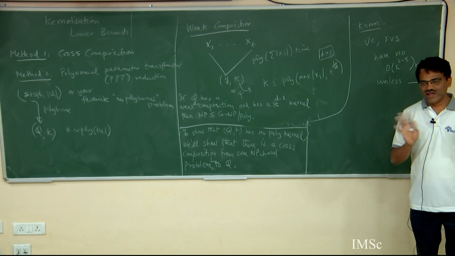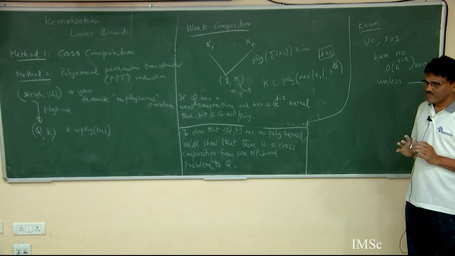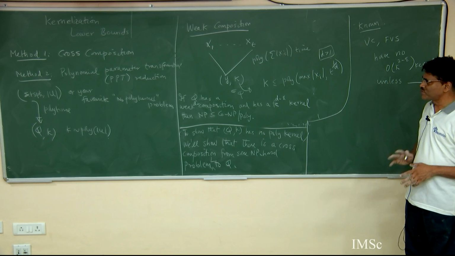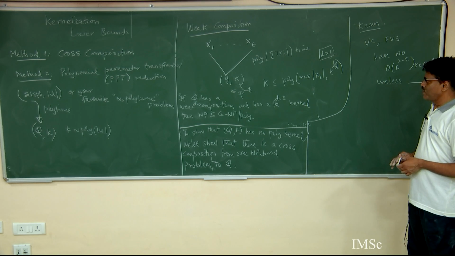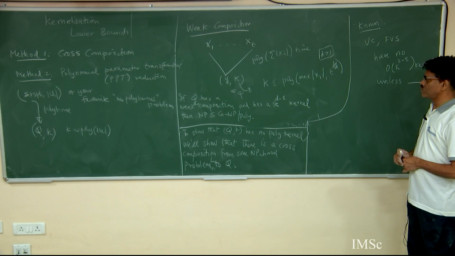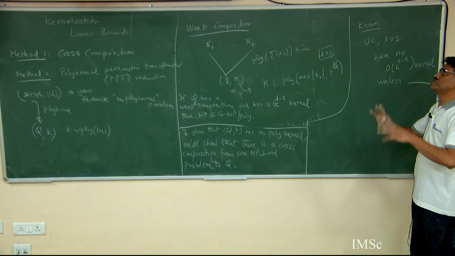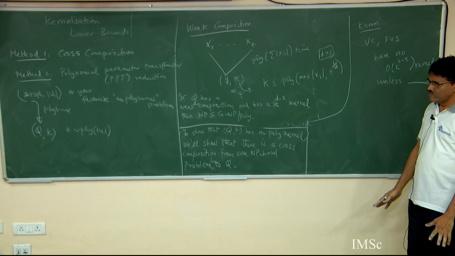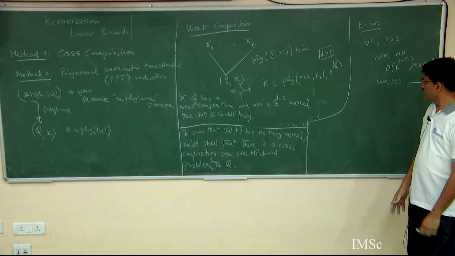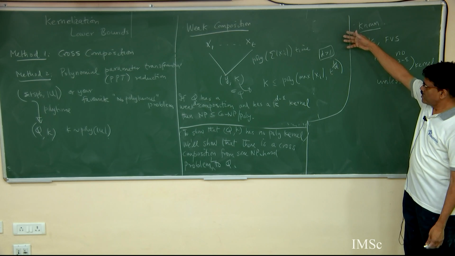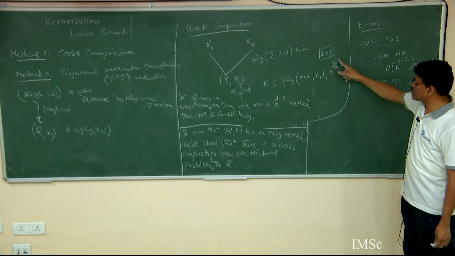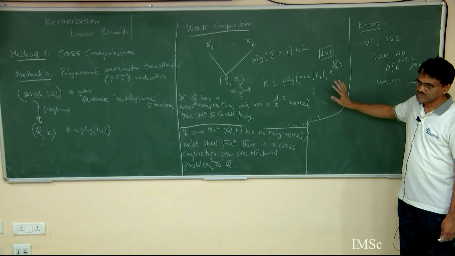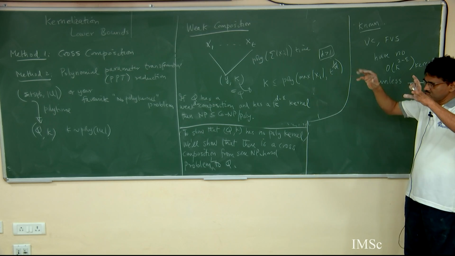I do not think I have time. It is doable in 15 minutes, but there is a way to reduce multicolored biclique problem to vertex cover, maintaining that this parameter becomes square root of t. I take t instances and I can embed them.